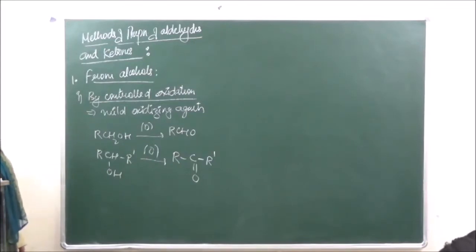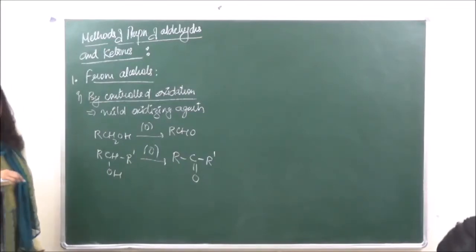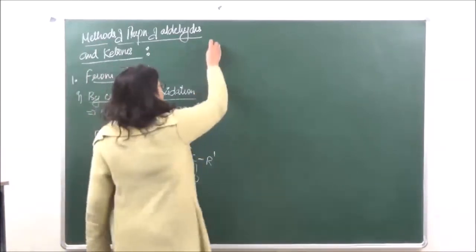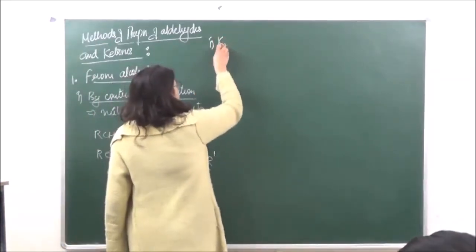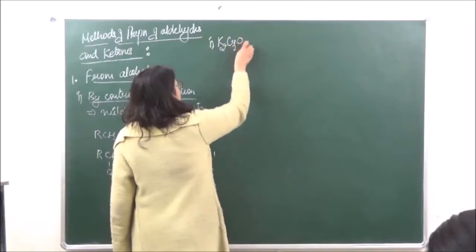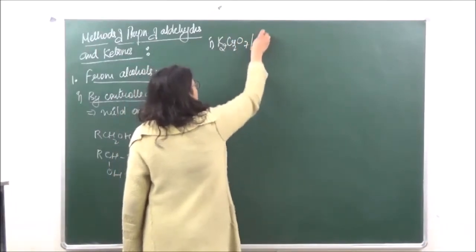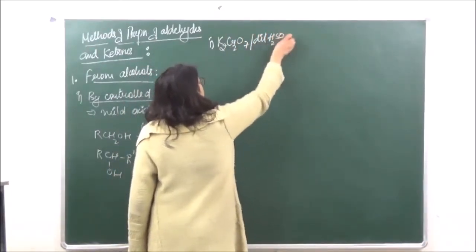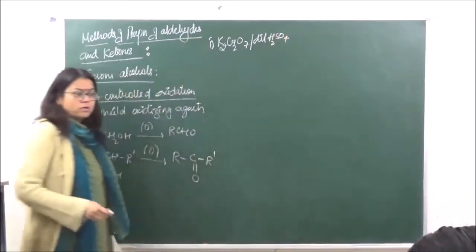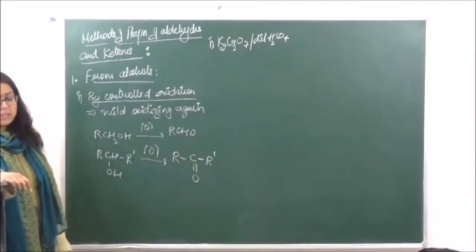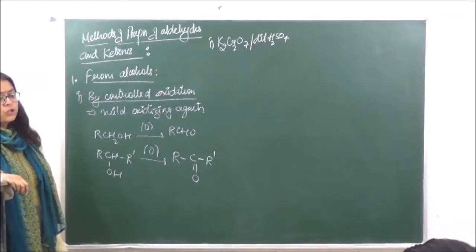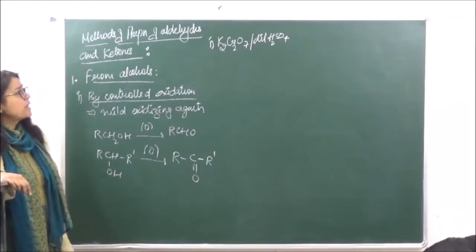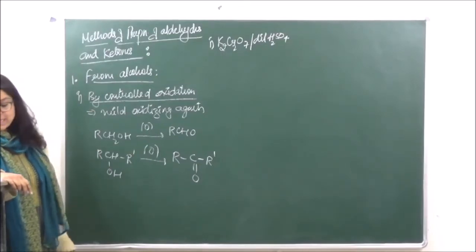The mild oxidizing agents we can use here: number 1, K2Cr2O7 in dilute H2SO4. This is one oxidizing agent, but you have to keep it cold, so the temperature has to be low when using potassium dichromate as the oxidizing agent.